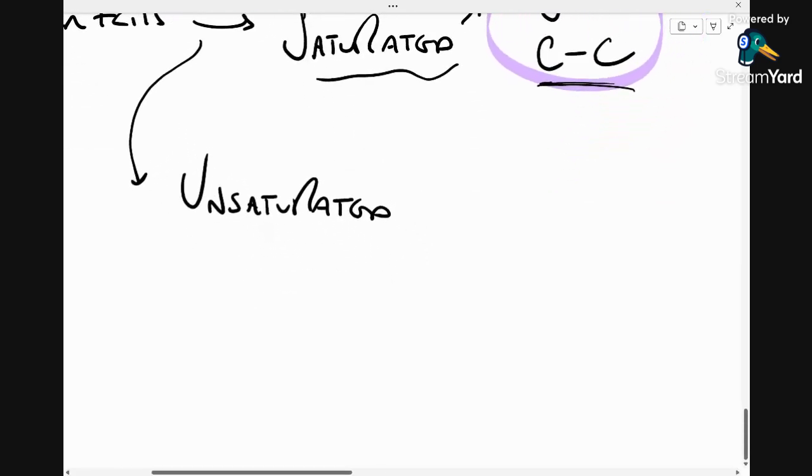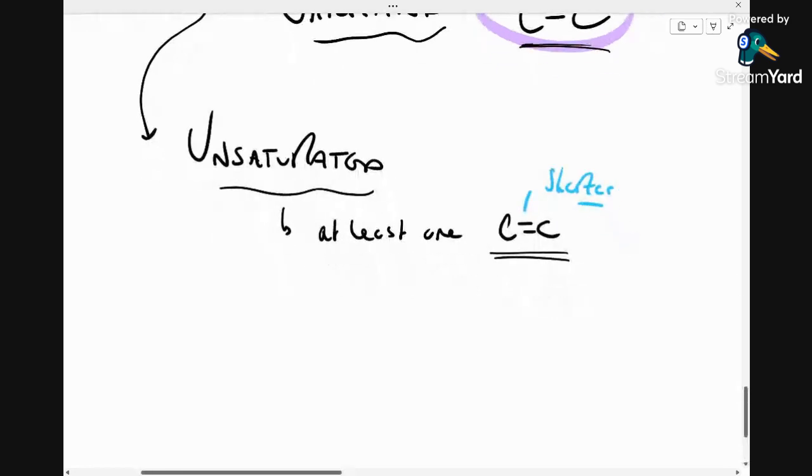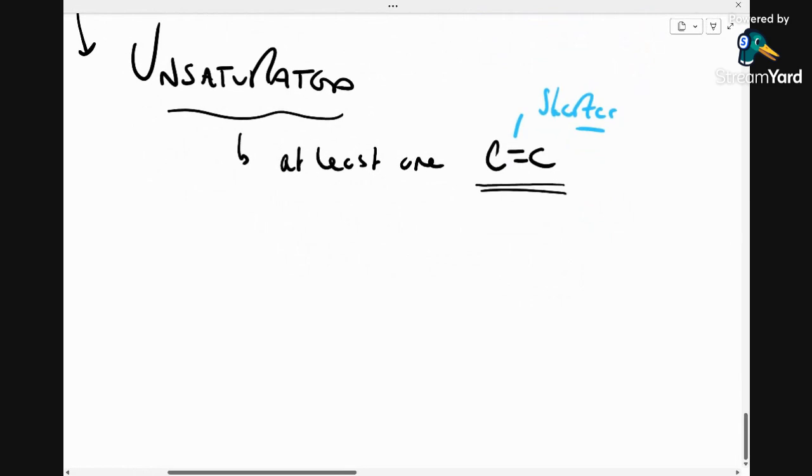In the case of unsaturated, we have at least 1 carbon-carbon double bond. And double bonds are shorter than single bonds, and we'll get to that in a minute. So if I were to look at the hydrocarbon tail, so if I were to draw glycerol like that, and I looked at the hydrocarbon tail, you could have a double bond there, for example.